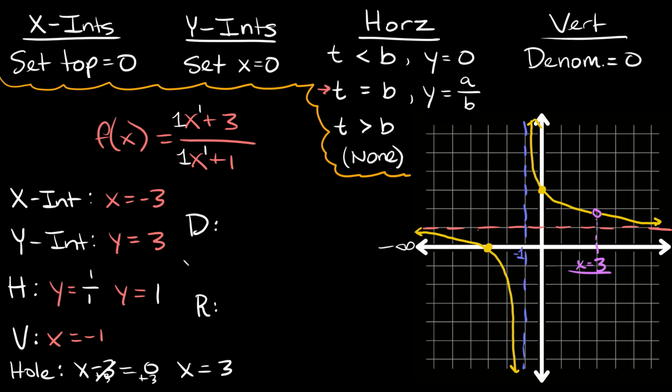Okay, so the domain goes from negative infinity, and then it hits -1, or it skips over -1, I should say, right? It skips over -1. Put a union symbol, and then it picks up again after -1, and then it keeps going all the way until we hit +3, right? +3, and then we skip over 3, right? And then it picks up again after 3, all the way towards +infinity.